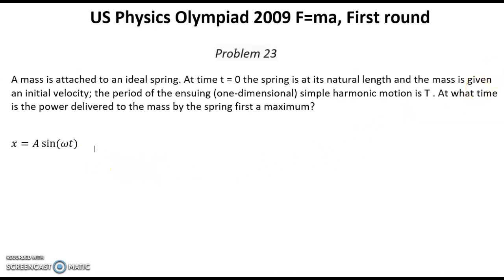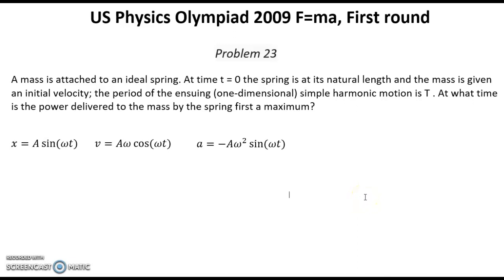Second, we can count what is the velocity, just by taking the first derivative by time. That will be this expression, A omega cosine omega t. Then we take the second derivative to find the acceleration. That's negative A omega squared sine omega t.